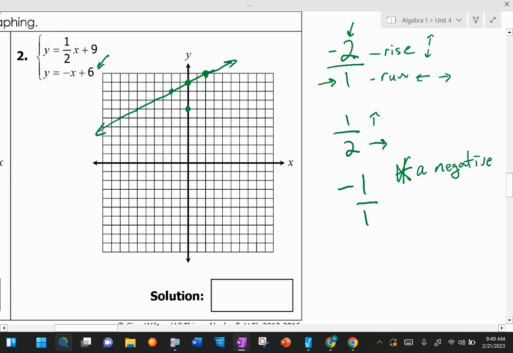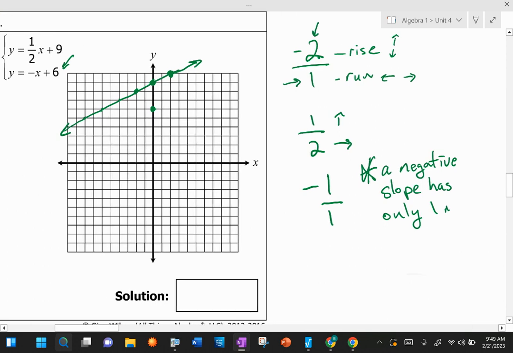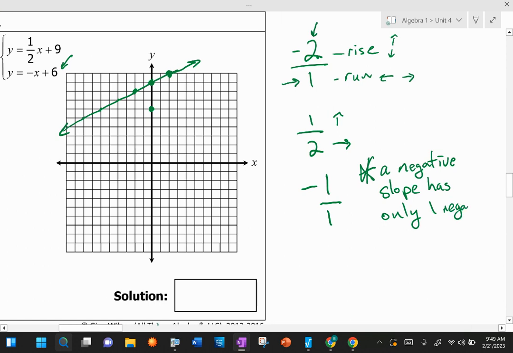A negative slope has only how many negatives? If I just said the word only, one negative number. Which means when I'm counting my slopes, if I go down 1, is that negative? Yes. So then which way do I need to go if I'm going side to side?